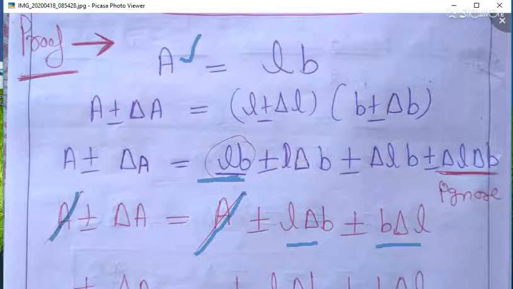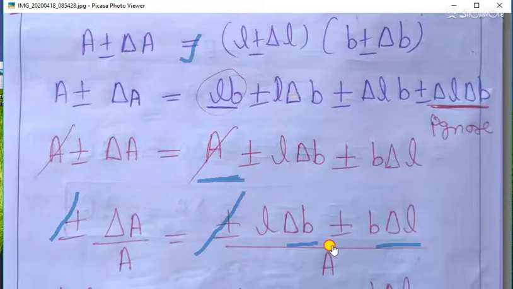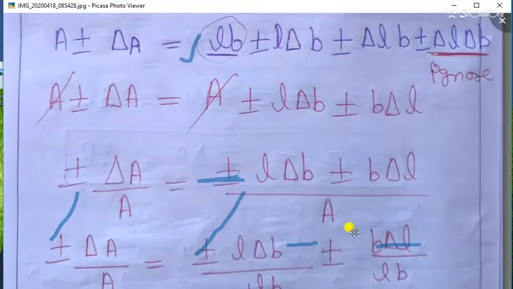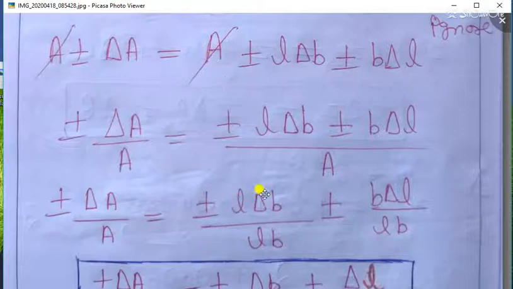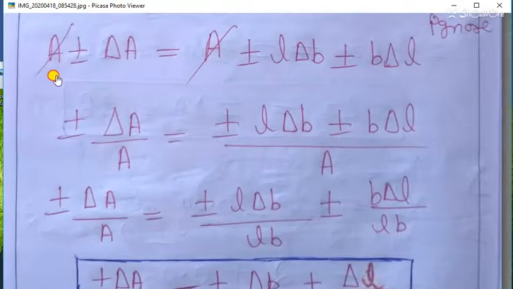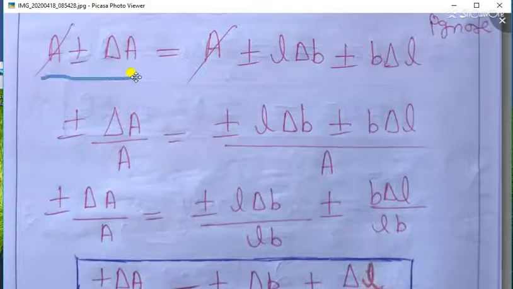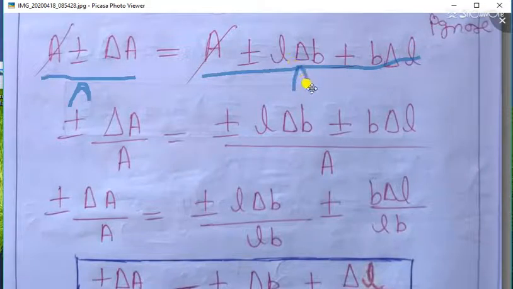If we move further, after the cancellation we divide both sides by A. A is what?